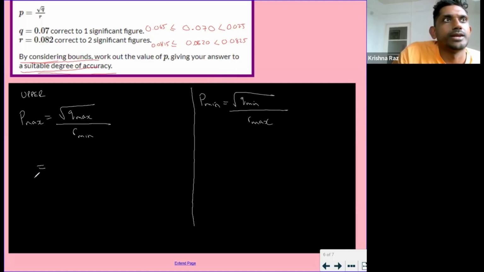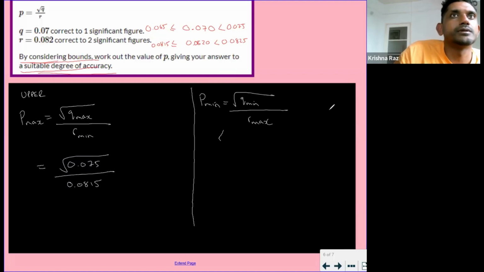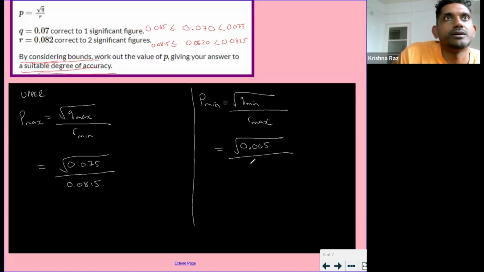So I need Q max, which is 0.075 rooted divided by R min, which is 0.0815. And the minimum for P will be Q min, 0.065 rooted divided by R max, which is 0.0825. So we'll get two separate answers.